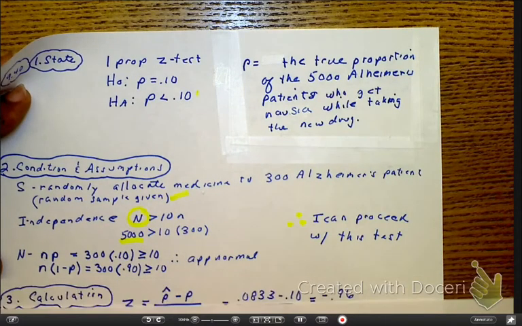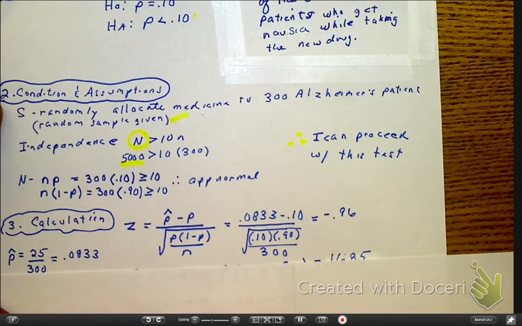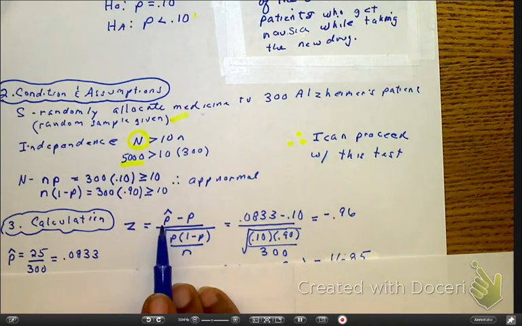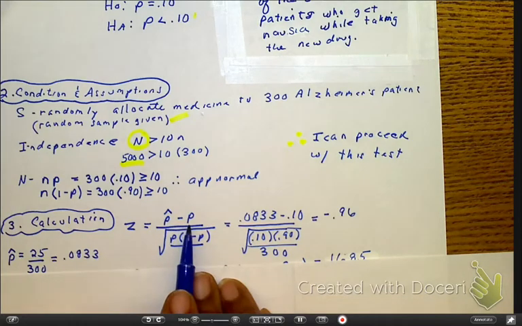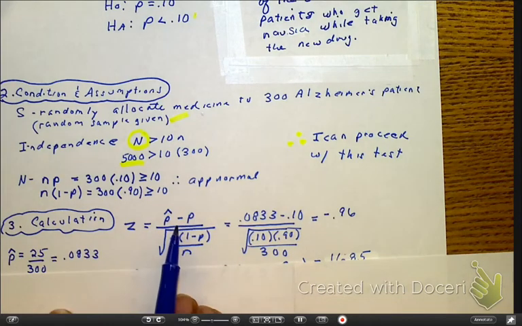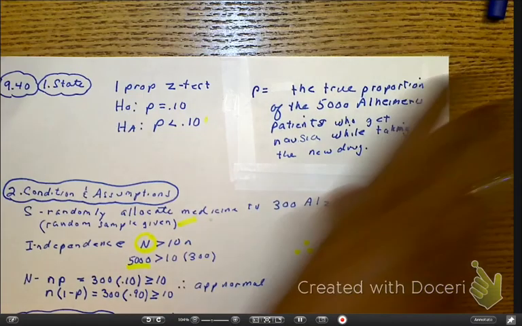Step 3 is the calculations. Remember, here is our formula for the Z test. We've got p hat, which is the sample, the information right here, the 25% that were nauseous out of the 300 that were randomly selected, minus the population. Remember, the population is always the p that is up here, that is the 10%.